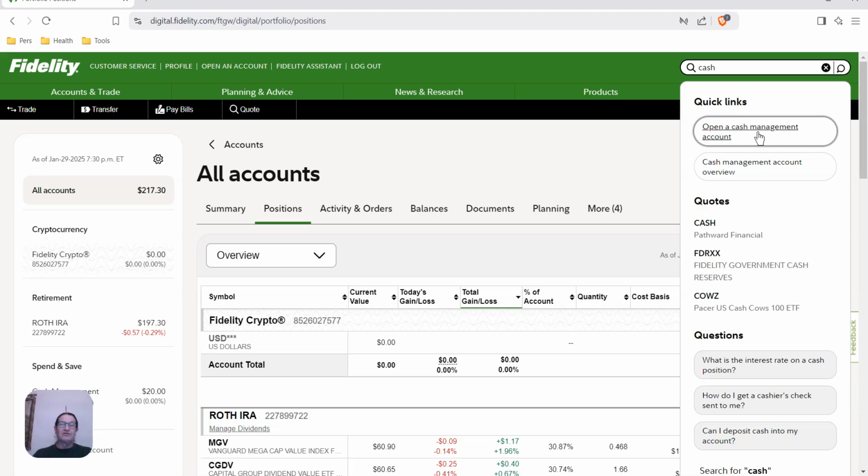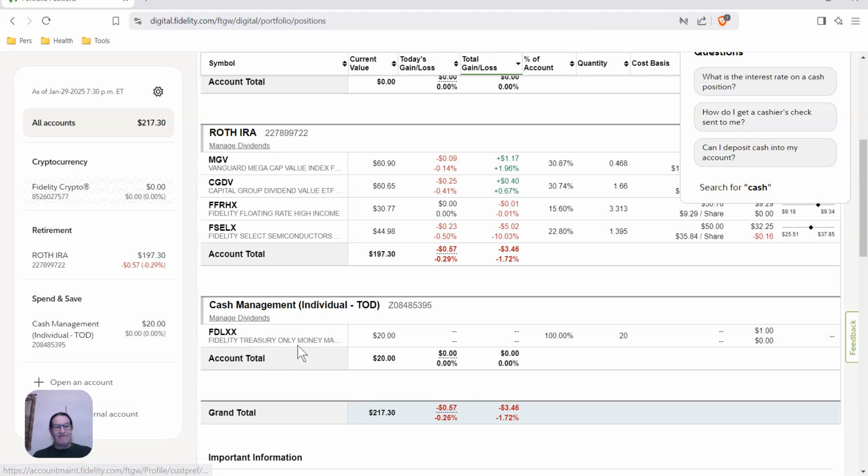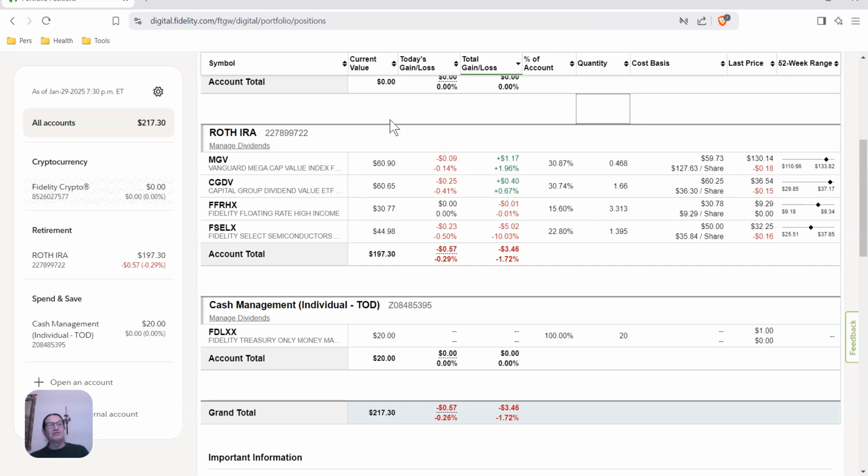I am not going to do this, for the simple reason that I already have a cash management account, and all my information would now be available on screen for the whole world to see. Obviously, I don't want to do that, but it's very straightforward. It will automatically populate the fields with your information.